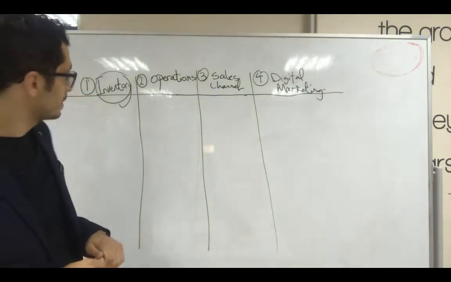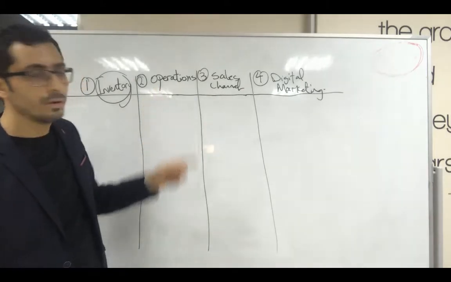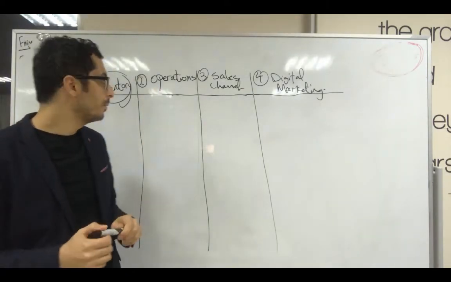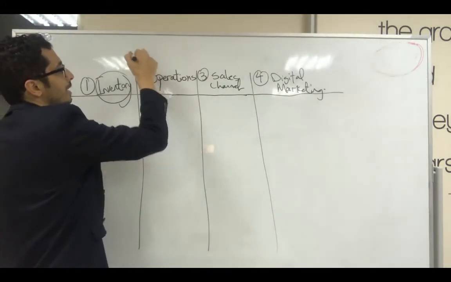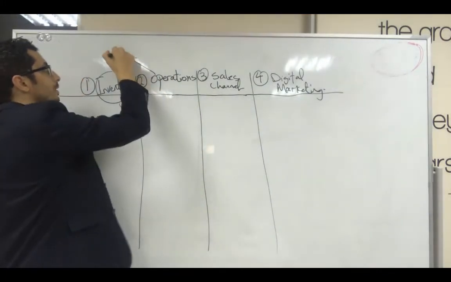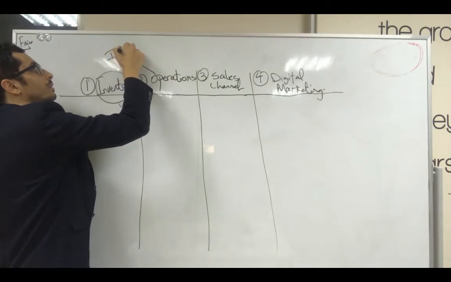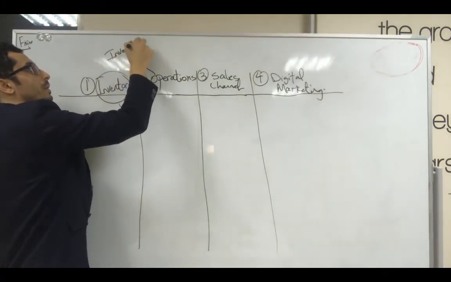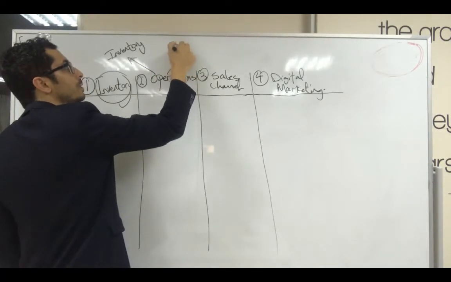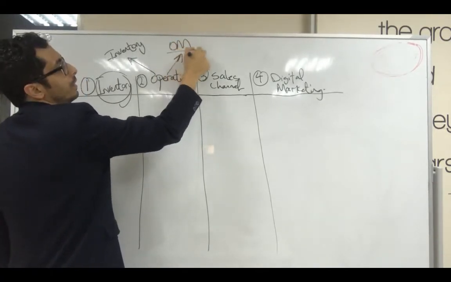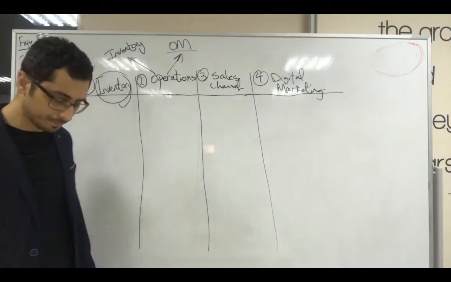Now, the second component is operations. Operations covers 2 components in reality. The first one is inventory and storage, and the second component is order management.